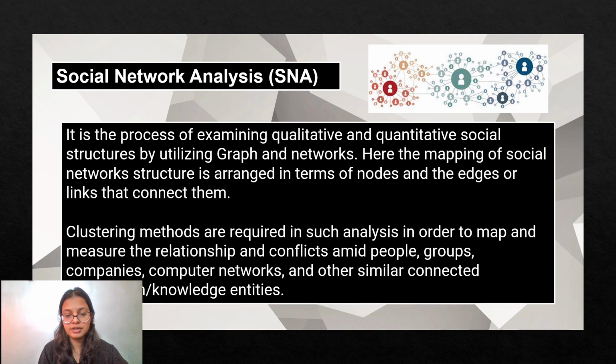Clustering methods are required in such analysis in order to map and measure the relationship and conflict amid people, groups, companies, computer networks, and other similar connected information or knowledge entities. Clustering analysis can provide a visual and mathematical presentation of such relationships and give social network summarization.